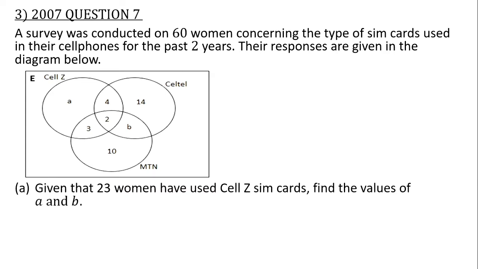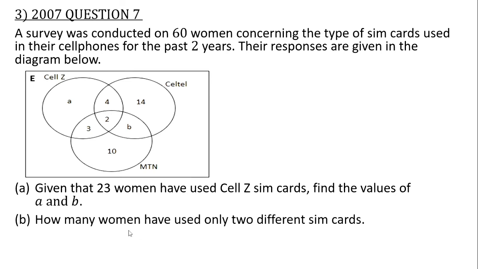Given that 23 women have used Cell Z SIM cards, find the values of A and B. So we are going to find the value of A first, and then we are going to find the value of B, because they are saying 23 women used Cell Z. So we'll say A plus 4 plus 2 plus 3 should be equal to 23.